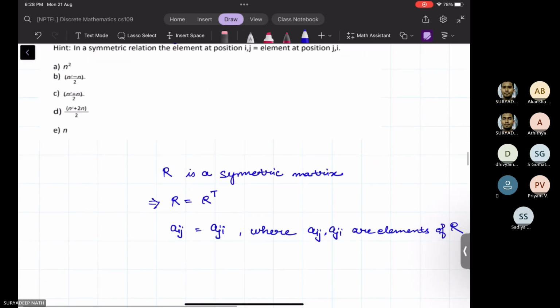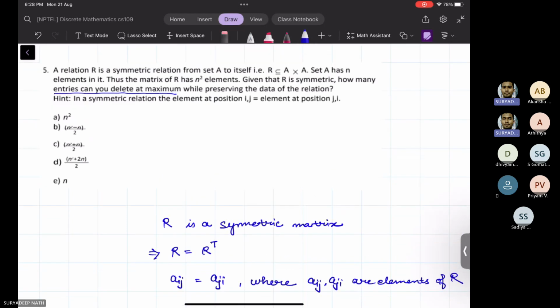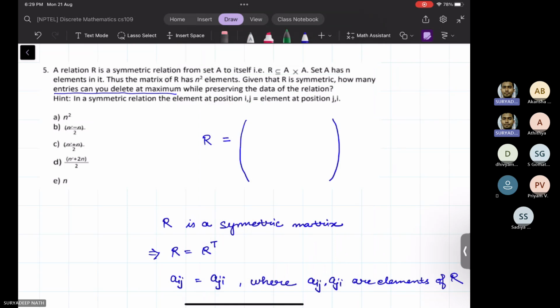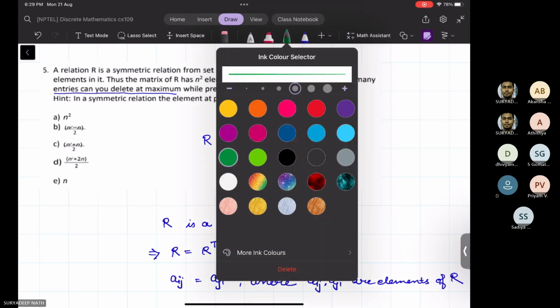Let me first draw a symmetric matrix to help you get the picture. Let us see R, a symmetric matrix. We have diagonal elements, let us say D1, D2, Dn, and we have non-diagonal elements.